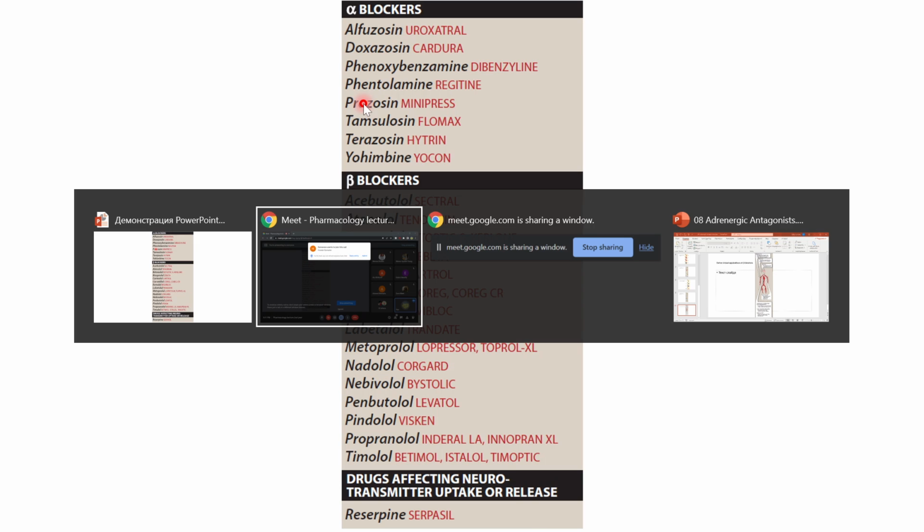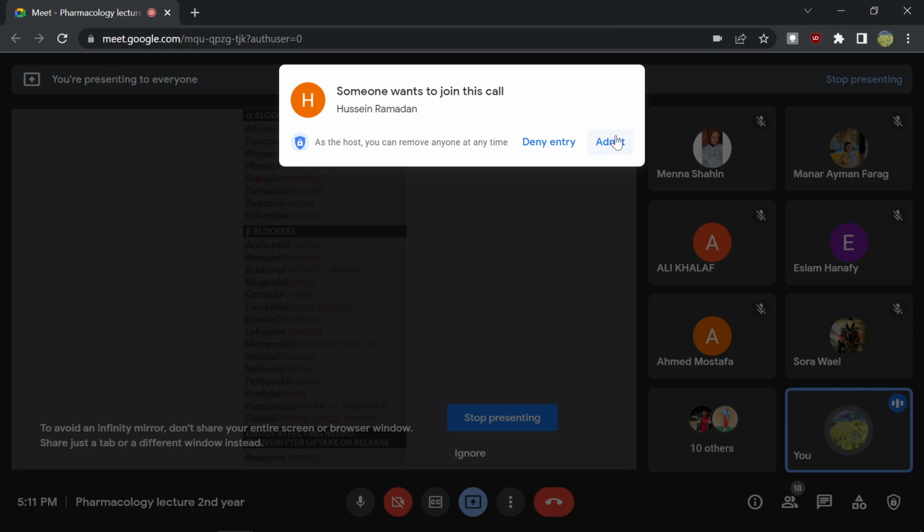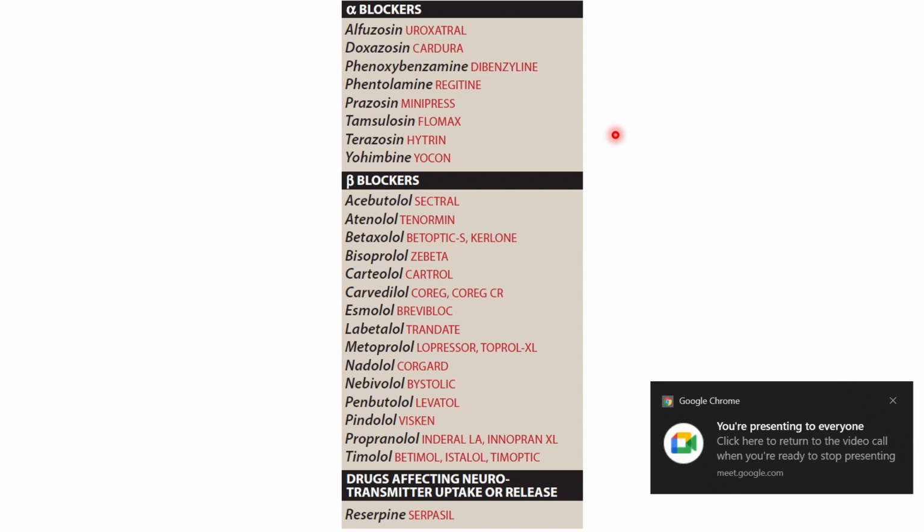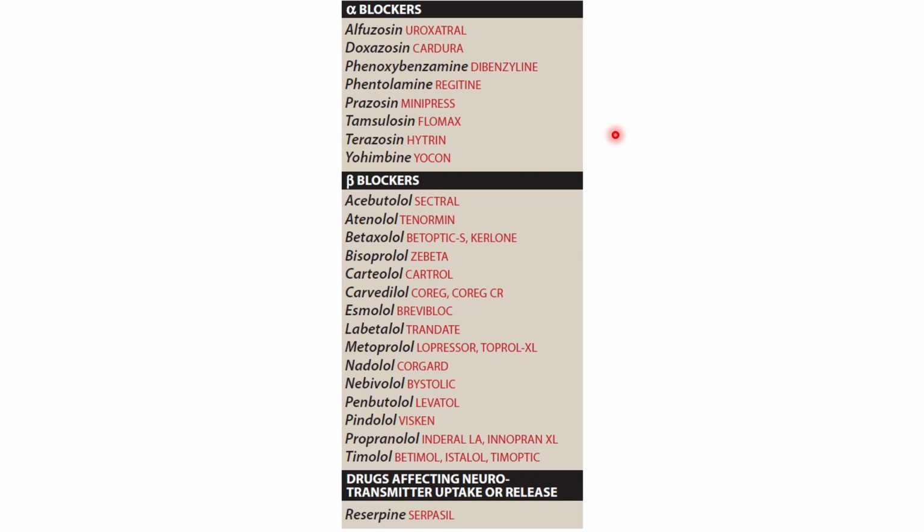And also, tamsulosin is a selective alpha 1 blocker, selective to the alpha 1A subtype of the receptors, rather than alpha 1B. Tamsulosin is prescribed to treat the diseases of the prostate and bladder in men.